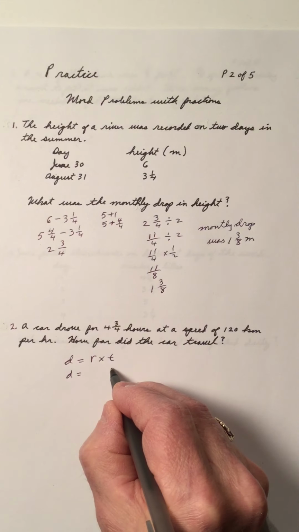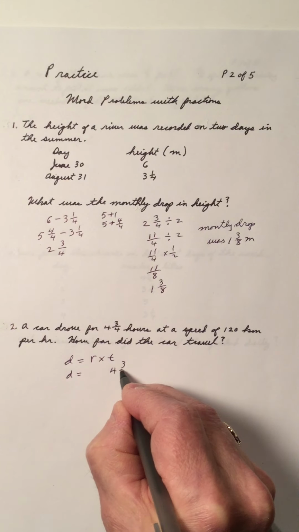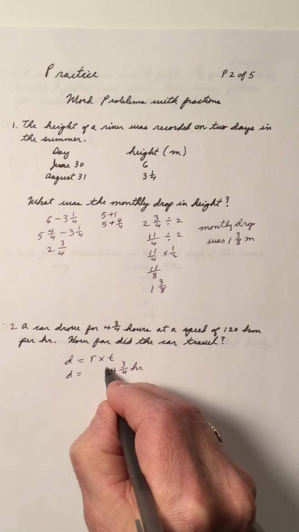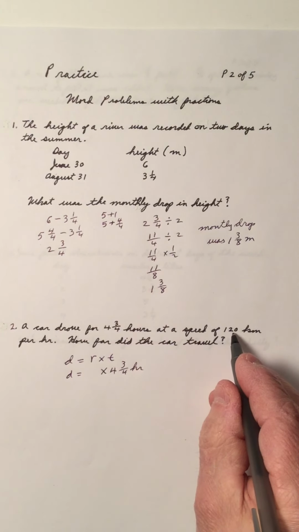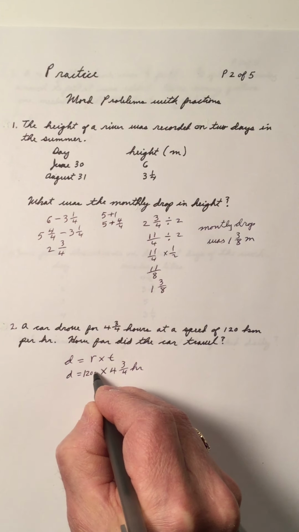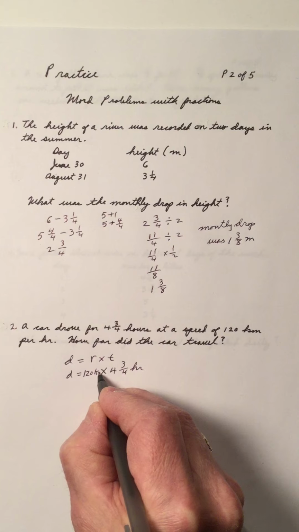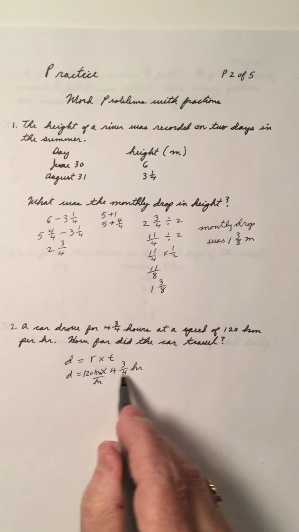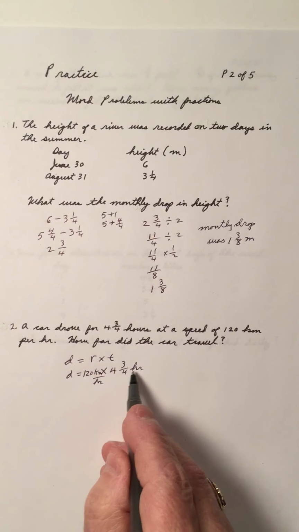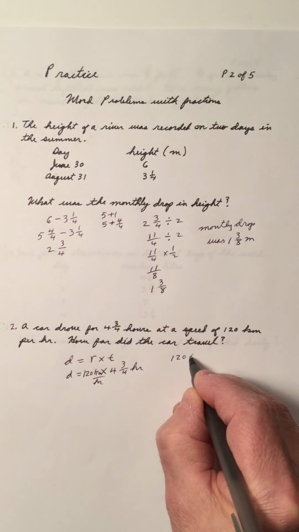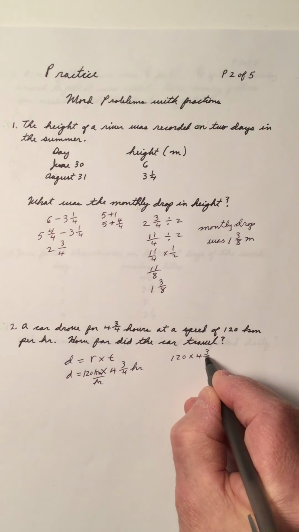4 3/4 hours go in the place of time, and we multiply by the rate, which is 120 kilometers per hour. Normally you would see just 120 times 4 3/4.